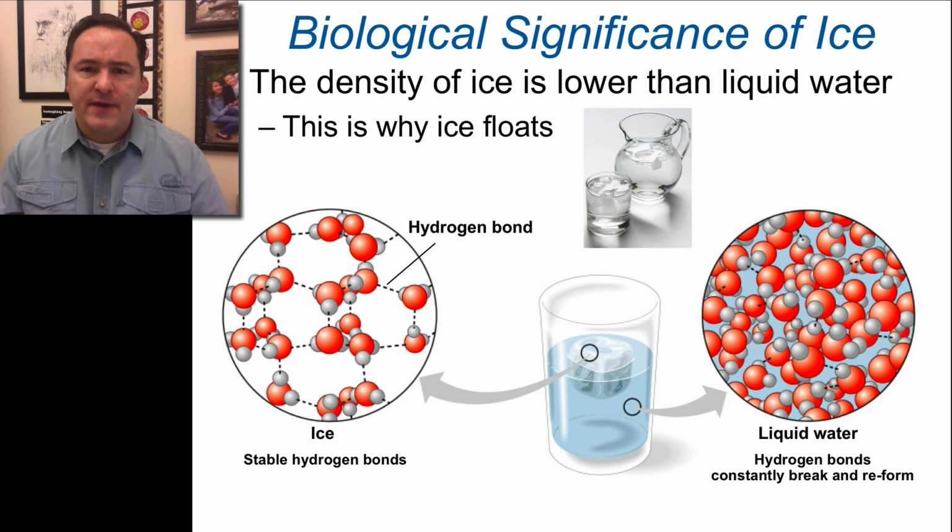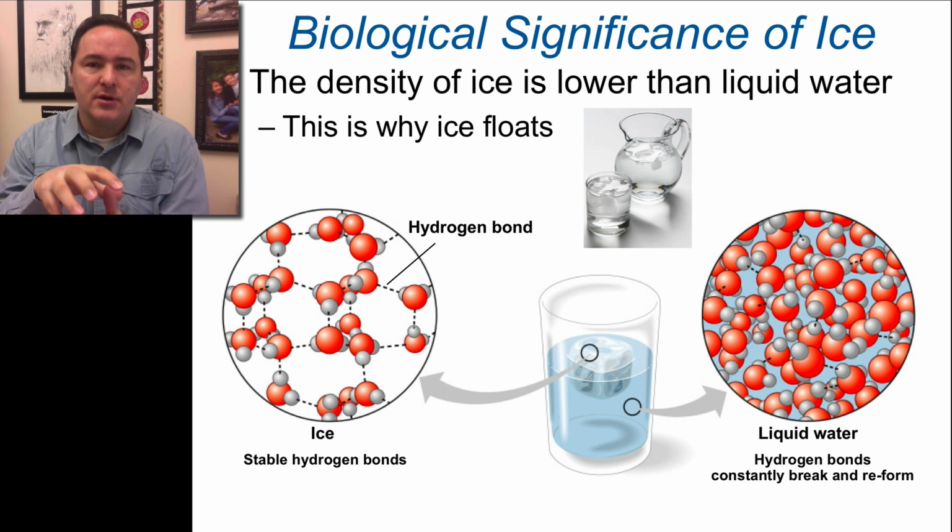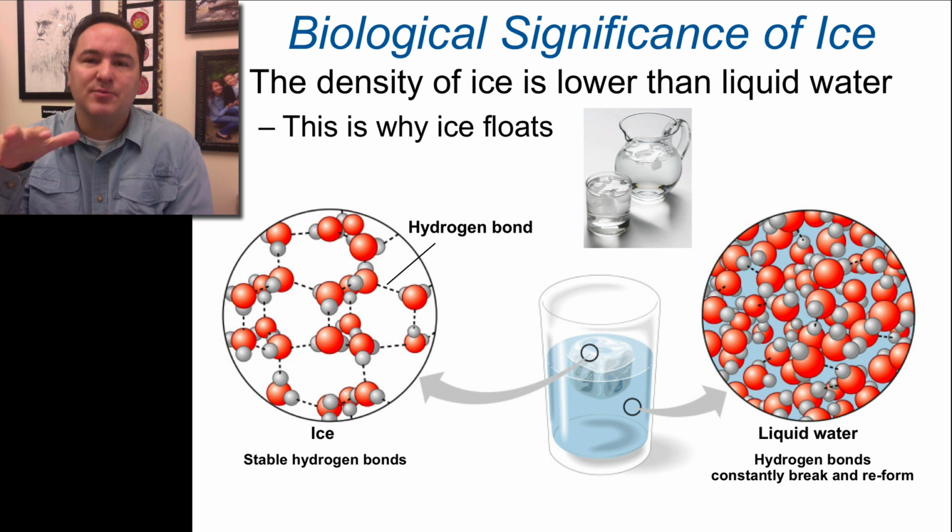Now, the other thing that we need to talk about is the significance of water when it becomes ice. So, why does ice float, right? Well, the reason that ice floats is because when water becomes ice, the hydrogen bonds force water into a more crystalline structure, and this structure has the molecules more spread out than the molecules when they're in a liquid.